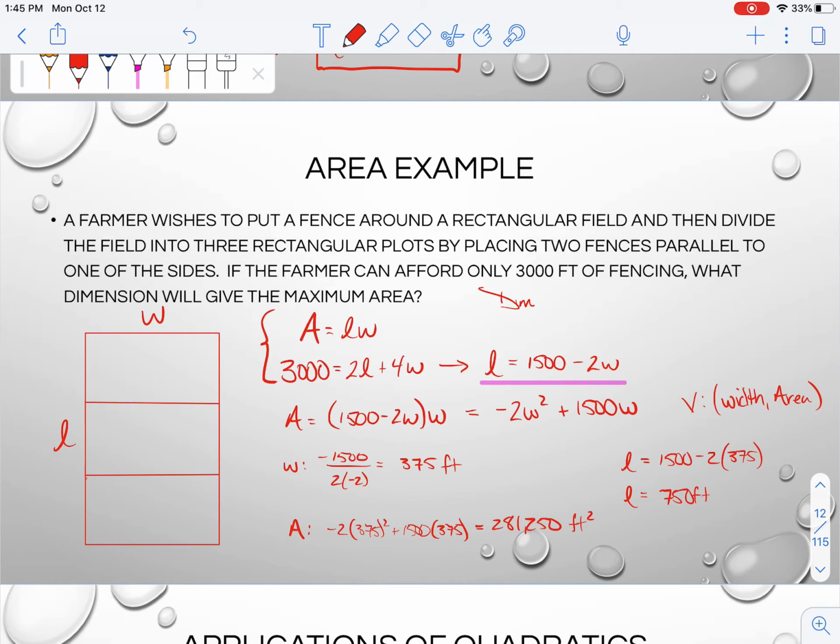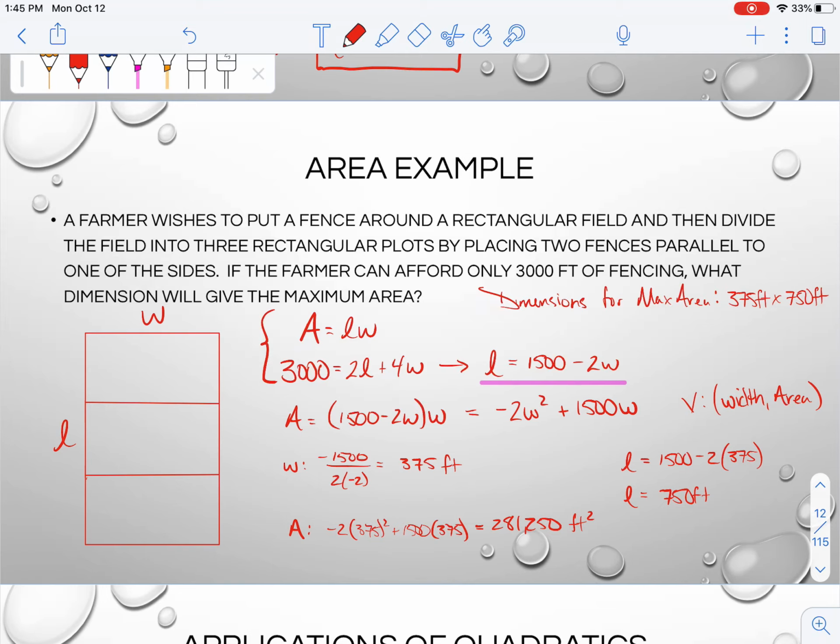So the dimensions for max area are going to be 375 by 750, and those units are feet.